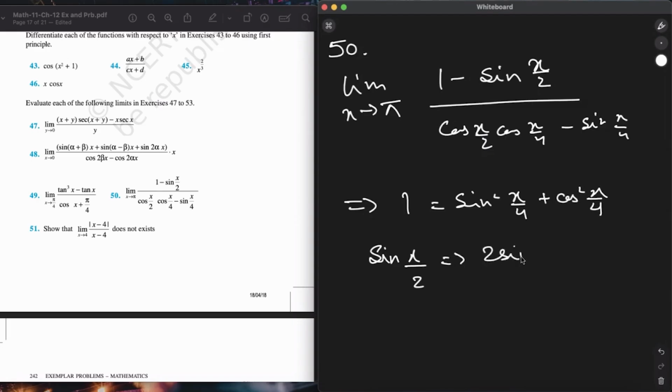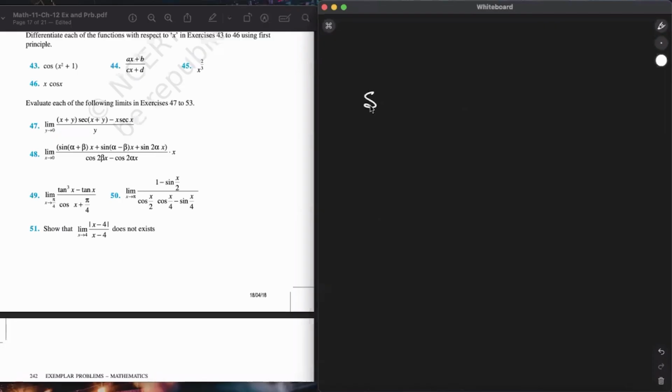It will be 2 sine x by 4 cos x by 4. Simple. So if I just put in these values over here, I'll be left with sine square x by 4 plus cos square x by 4 minus 2 times sine x by 4 and cos x by 4.